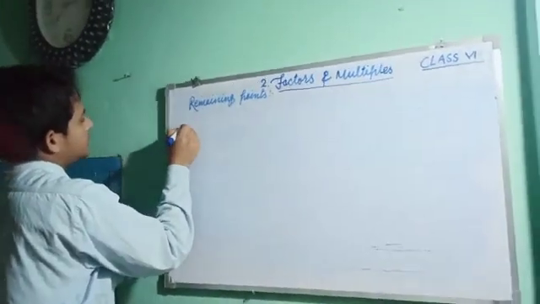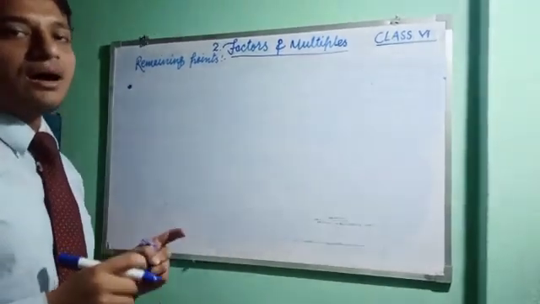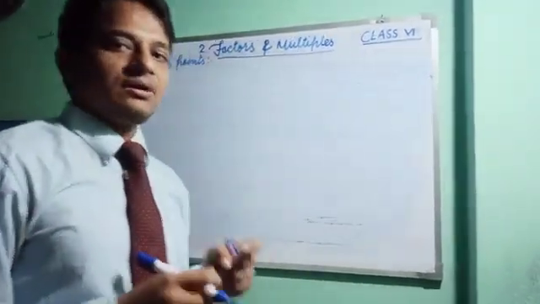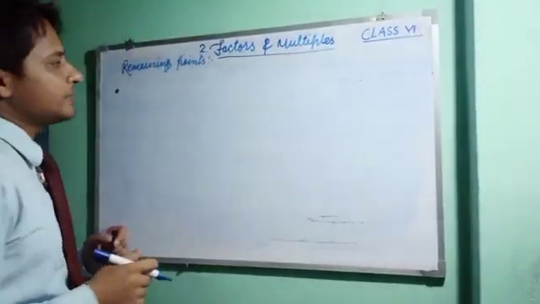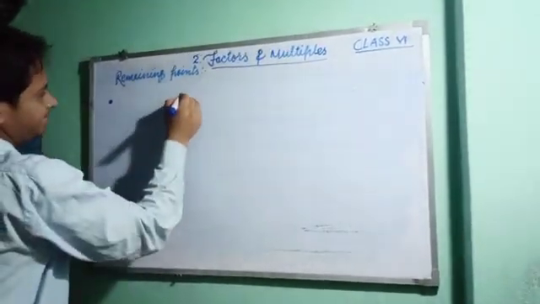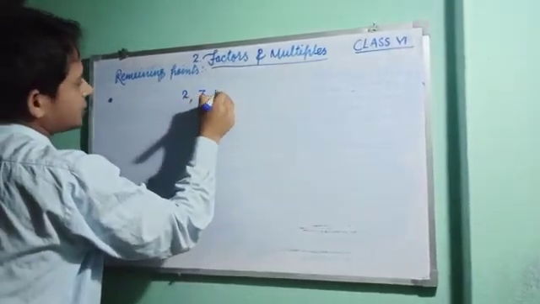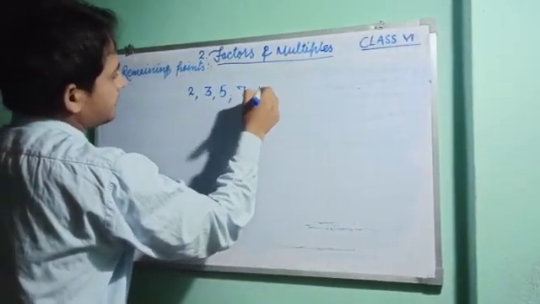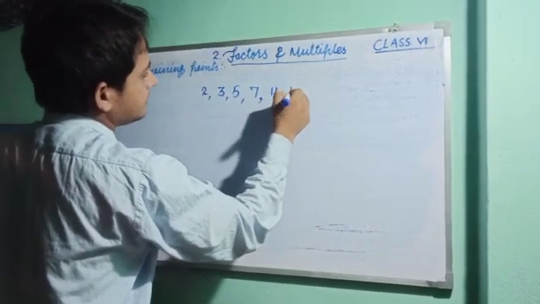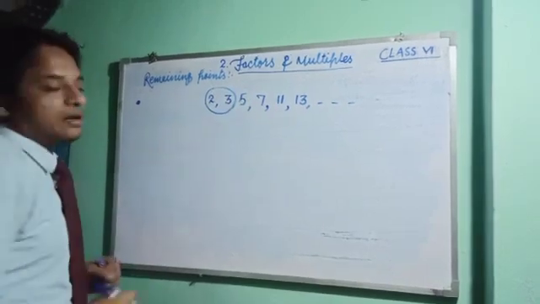Now next, some important points. Two prime numbers are always co-primes. I repeat once again, two prime numbers are always co-prime. Let us figure it out with the help of examples. Suppose this is the list of prime numbers, and so on. Two prime numbers are always co-prime.